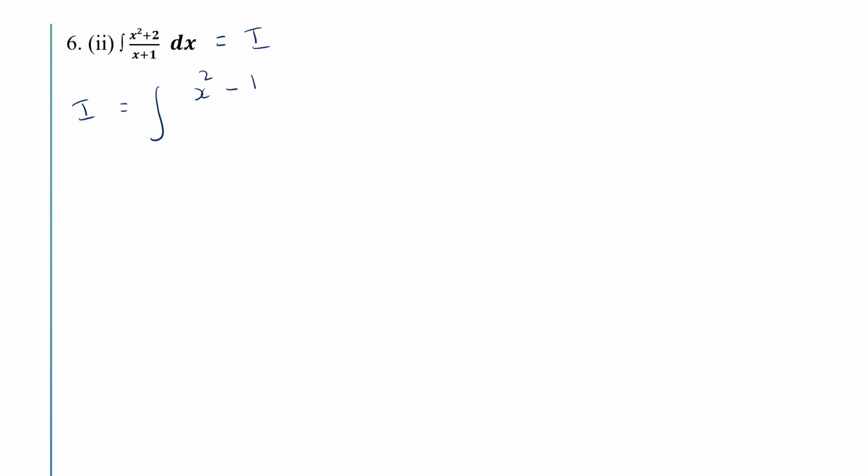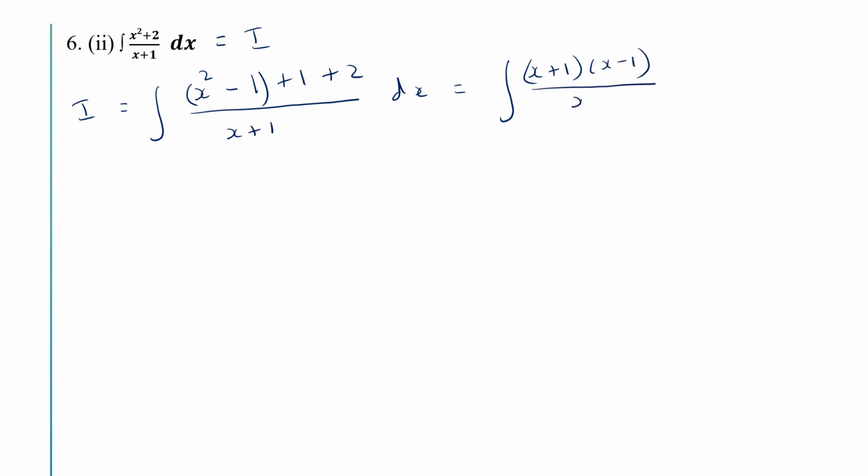So x square minus 1 plus 1 plus 2 divided by x plus 1 dx. This x square minus 1 we can write as x plus 1 into x minus 1. So x plus 1 into x minus 1 divided by x plus 1 into dx.